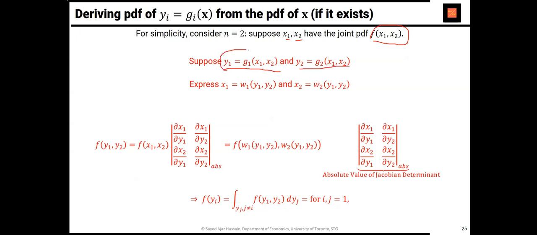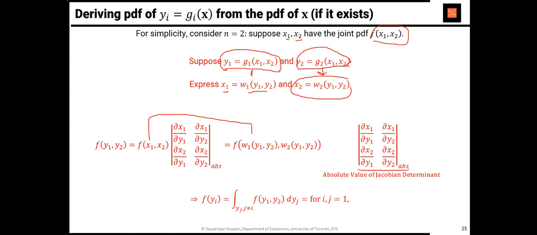And you can invert each of these equations, they're one to one, and express x1 in terms of y1, y2 from this equation, and x2 in terms of y1, y2 from that equation.